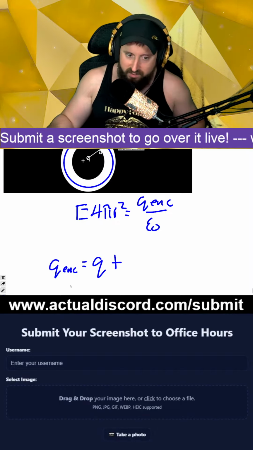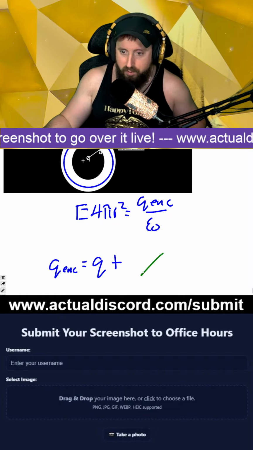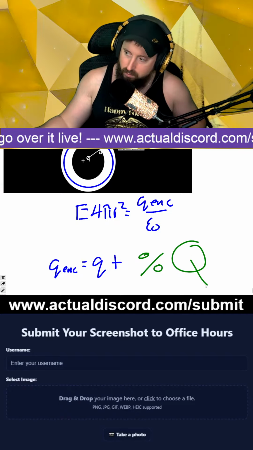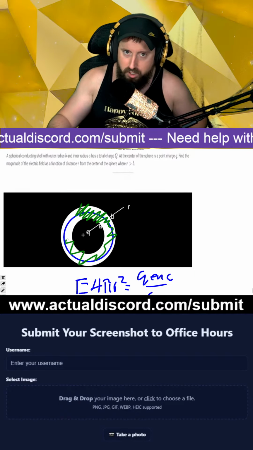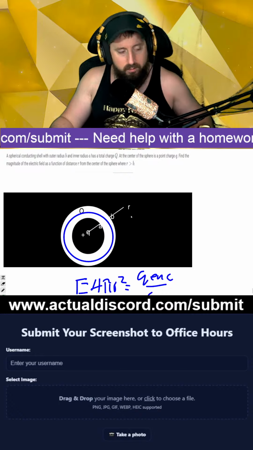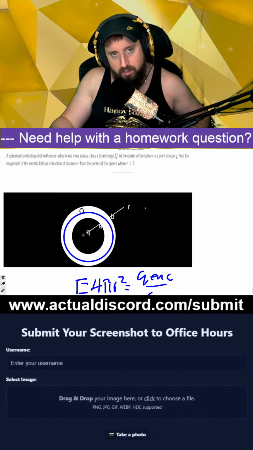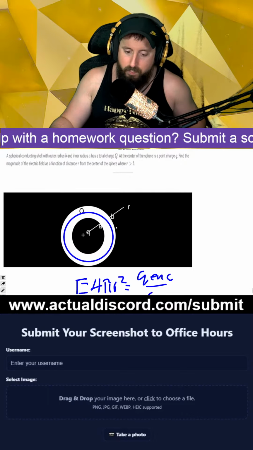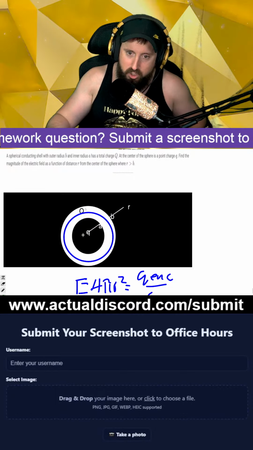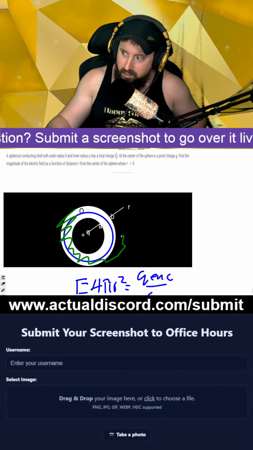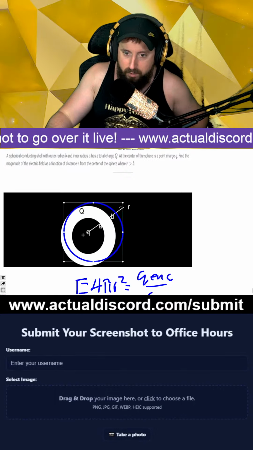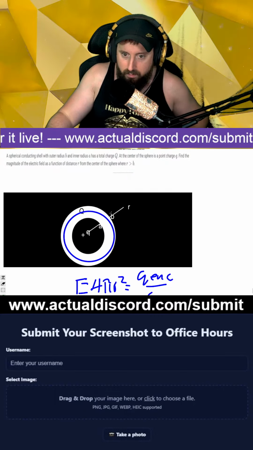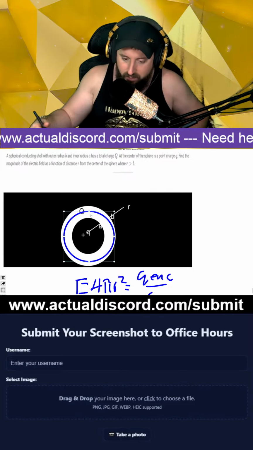And then it's plus the percentage of big Q. Big Q is this whole donut. I want to know the percentage of big Q which is being enclosed as my radius gets bigger and smaller, and it should be symmetrically going in and out.